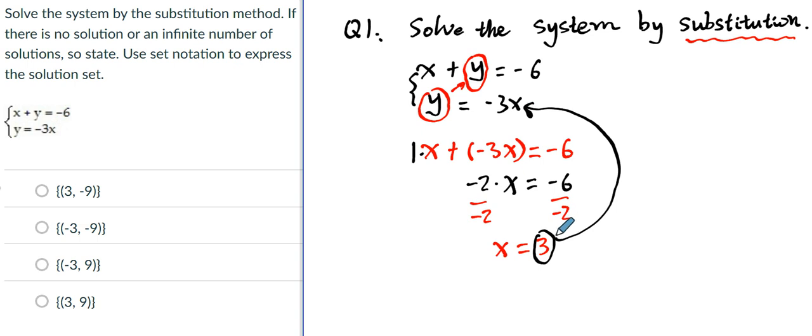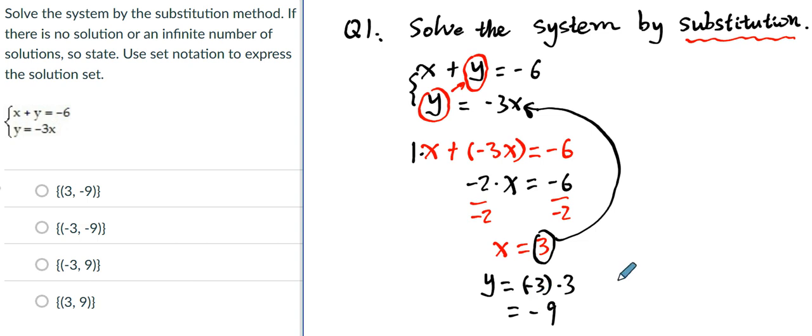So substitute 3 for x. What do we get? We have y equals -3 times x. X is 3 in this case. So we have y equals -9.